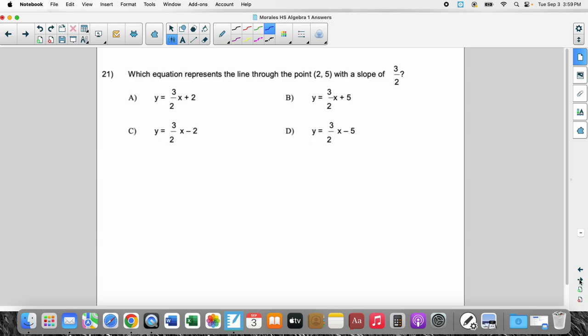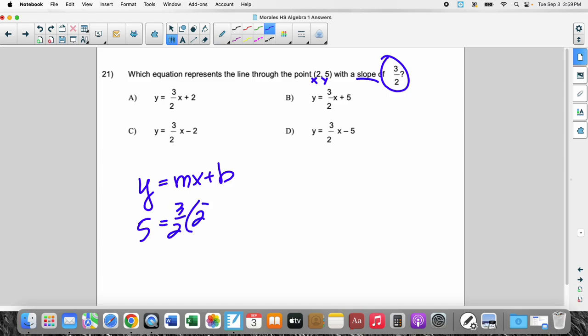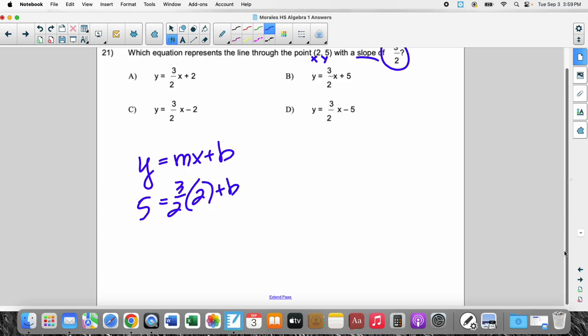Which equation represents the line through the point 2, 5 with a slope of 3/2? So we again are going to use y equals mx plus b. We're going to plug in the points. 5 is my y value. My slope is 3/2, so I'm going to plug in that for m. My x value is 2. And then I have my b value, because I have to find out what my y-intercept is.